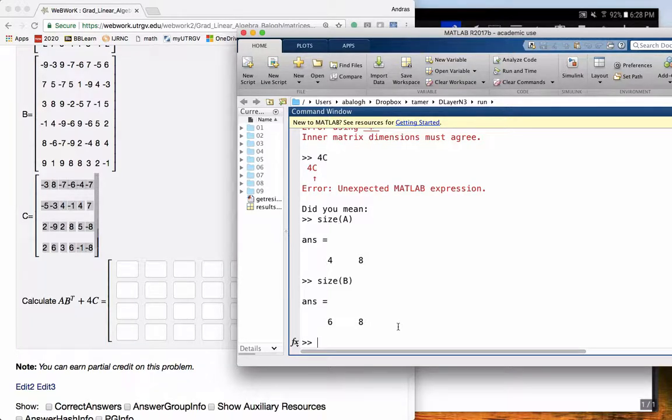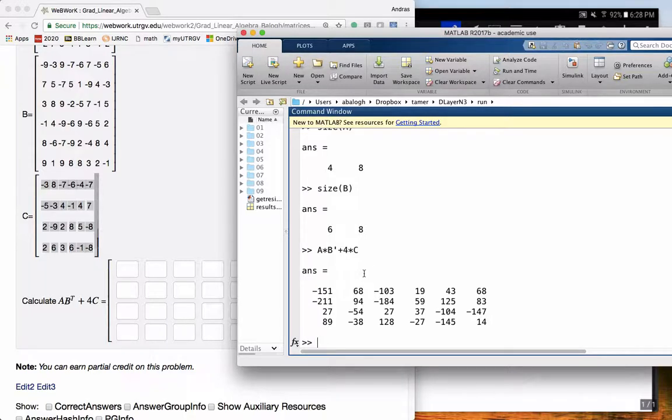The transpose is done with the single apostrophe in MATLAB. So A times B transpose plus 4 times C is what we need.